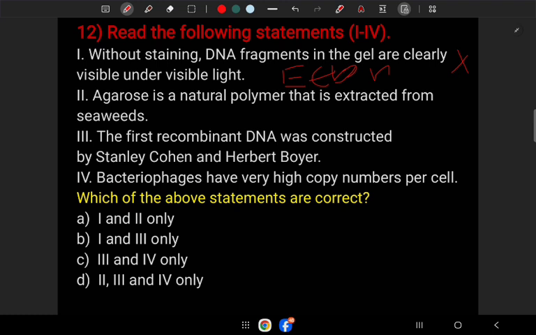Seaweed means red algae or Rhodophyceae, like Gracilaria, Gelidium, etc. So this is the correct option. The first recombinant DNA was constructed by Stanley Cohen and Herbert Boyer. This is also a right option. Bacteriophages have a very high copy number per cell.